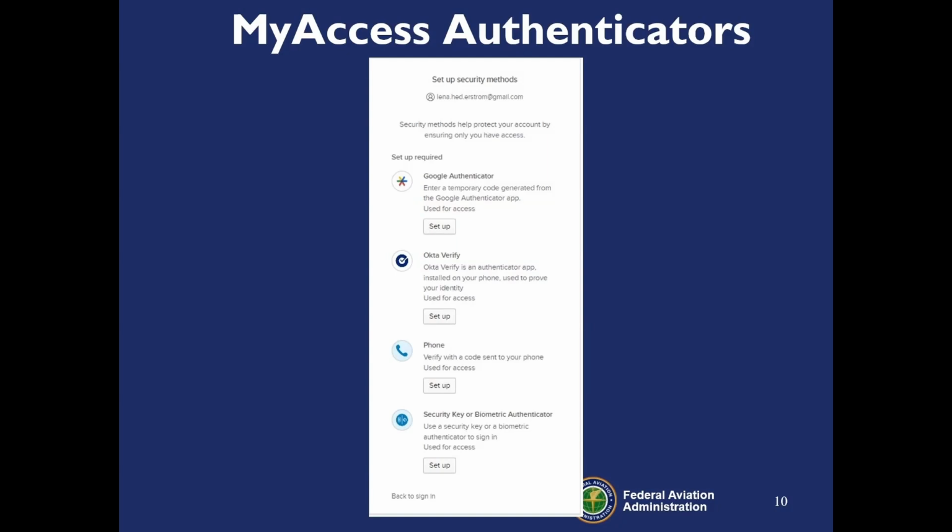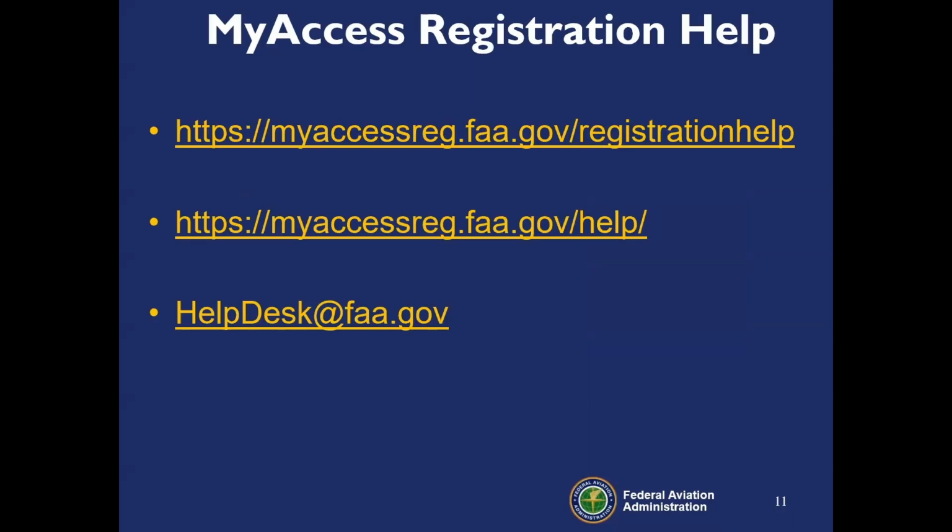MyAccess works with either Google Authenticator, Okta Verify, a phone notification, or a security key biometric authenticator. So just follow the steps on the screen. You should be able to get through that process fairly easily. But if you do have questions, I've got some links on the next slide for support. You can find support on the MyAccess page in the registration help section.